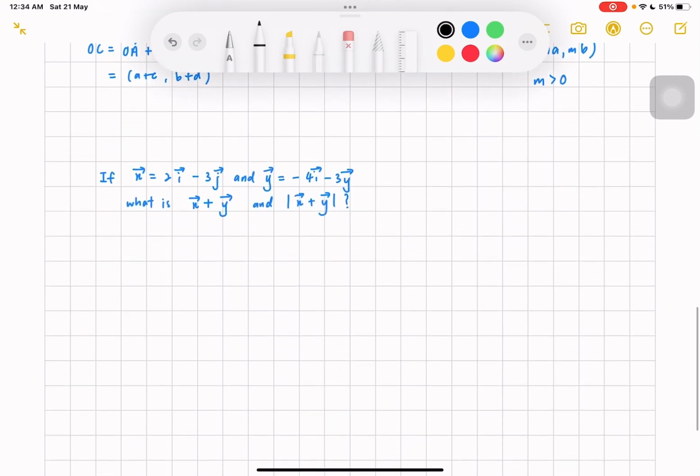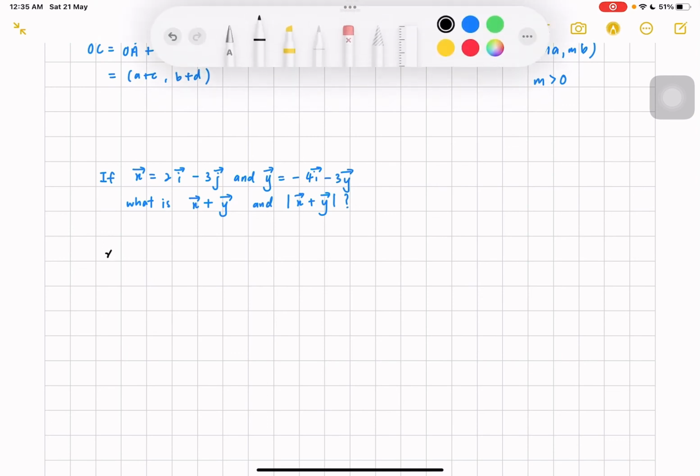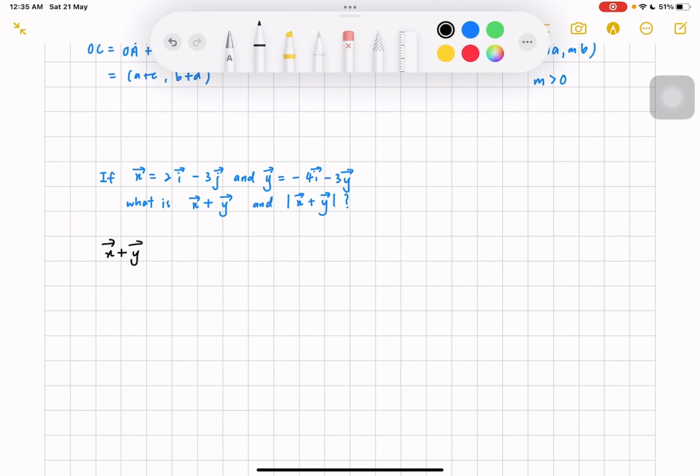Now, let us do a question here. If vector x equals 2 vector i's minus 3 vector j's, and vector y equals -4 vector i's minus 3 vector j's, what is vector x plus vector y, and what is the magnitude? All we have to do here is sub the vectors into the equation and add and subtract all of it together. So 2 vector i's minus 3 vector j's minus 4 vector i's minus 3 vector j's.